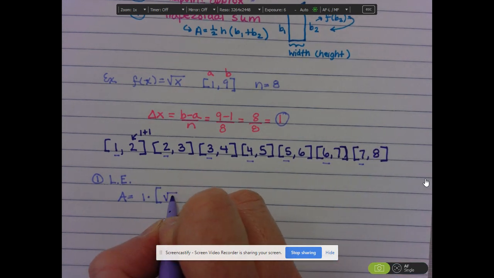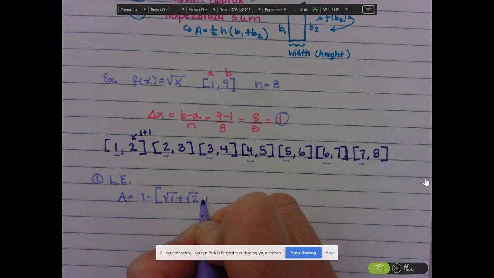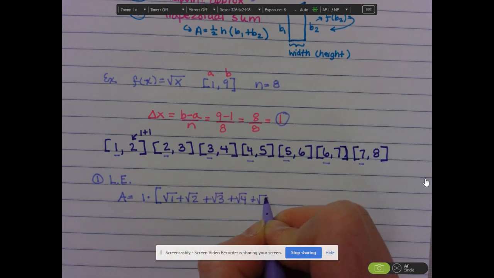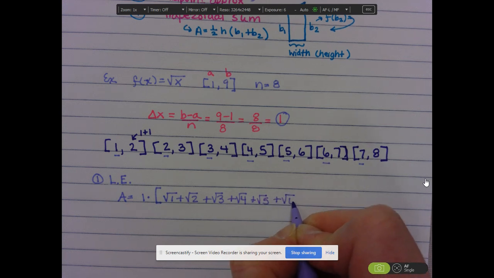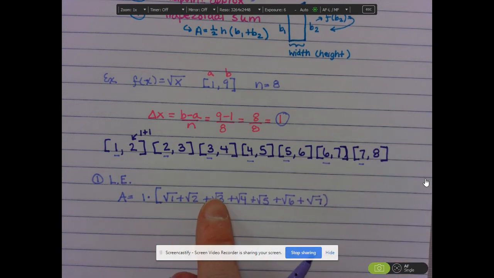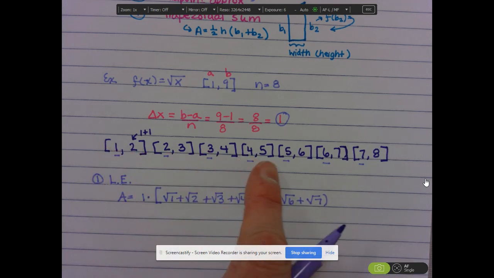So I get the square root of 1, square root of 2, square root of 3, square root of 4, square root of 5, square root of 6, and square root of 7. 1, 2, 3, 4, 5, 6, 7.